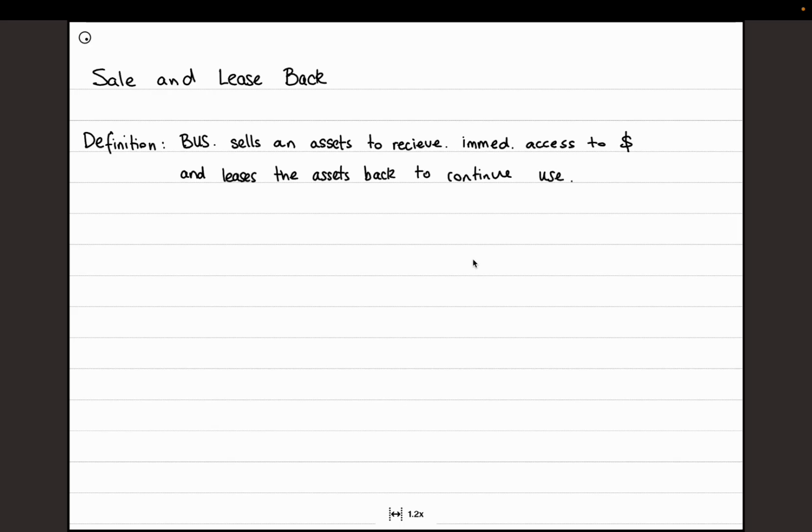So I think that would be an appropriate definition for sale and lease back. It gets the point across, maybe a little bit wordy. You can cut it down where you need it, but it's perfectly fine.